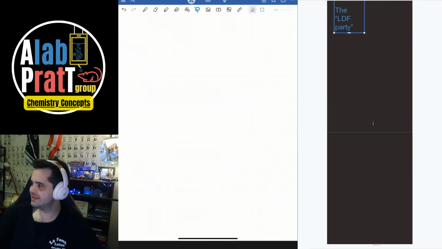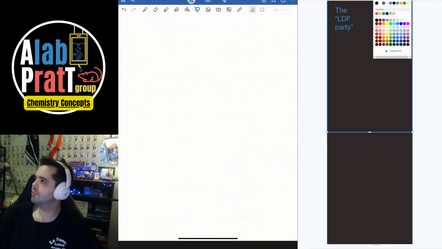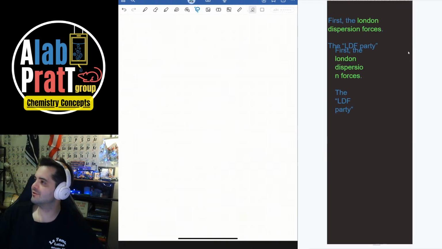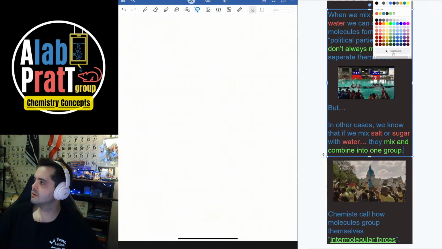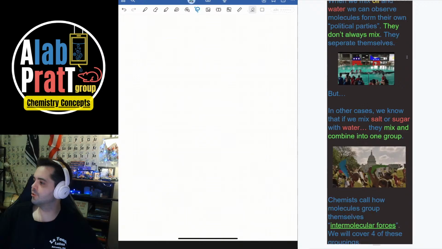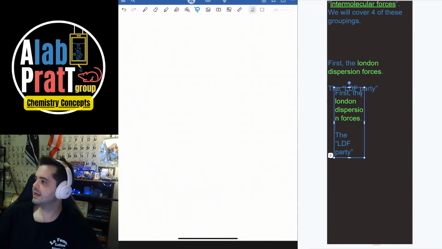And what is up with this green box? Get rid of that, please. Border color transparent. Thank you. To some degree, the borders are nice, but I'm going to get rid of them just for now.